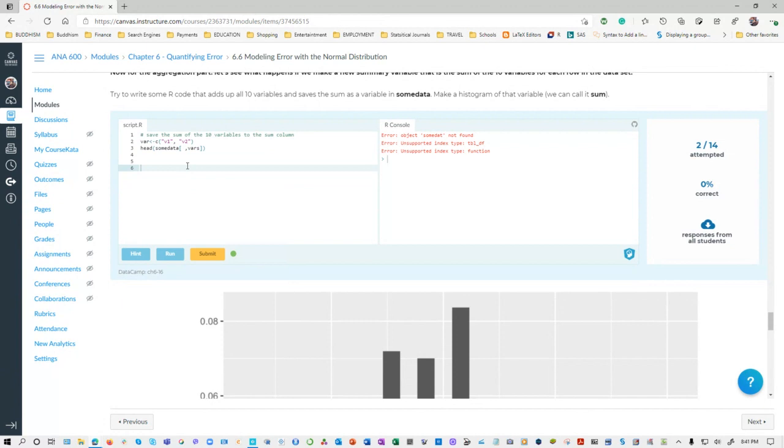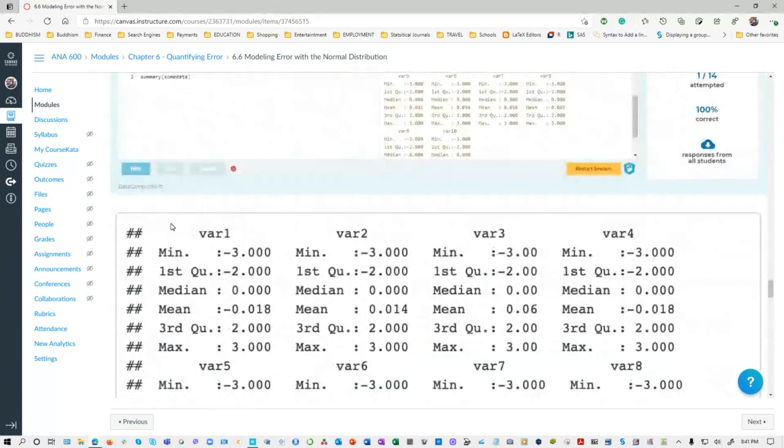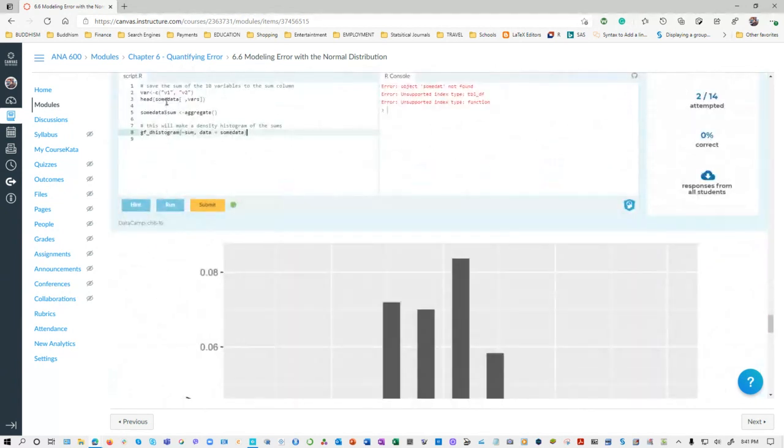Some data, some of the columns. It should work. V1. Why don't we have a V1? Oh, sorry. Not the V1. VA1. VA1. VA2. Okay.